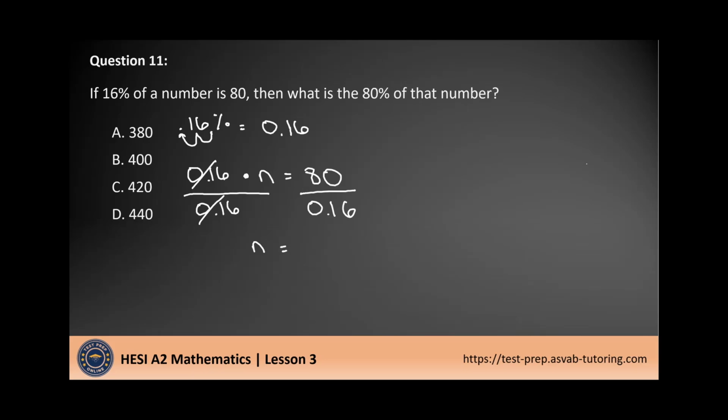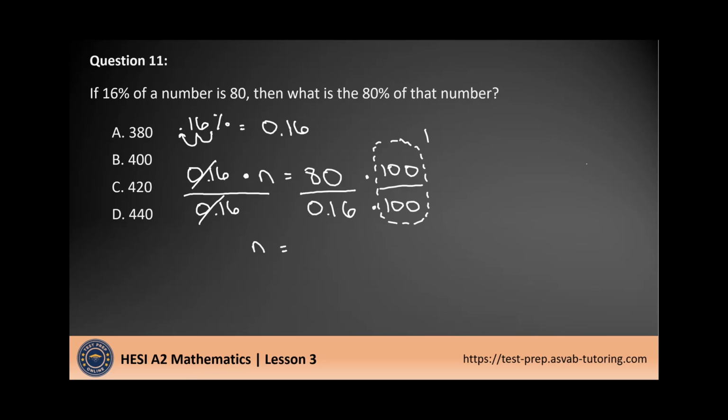Okay, now we want to do 80 divided by 0.16. We don't want to divide by a decimal, so we're going to multiply the numerator and the denominator by 100. Why can we do this? Because 100 over 100 is just 1.